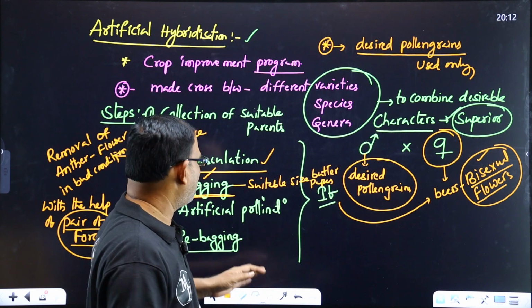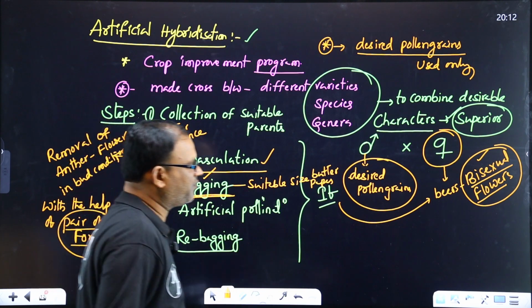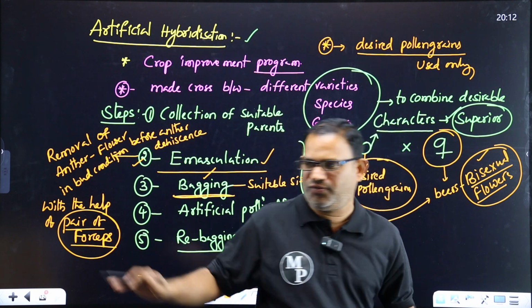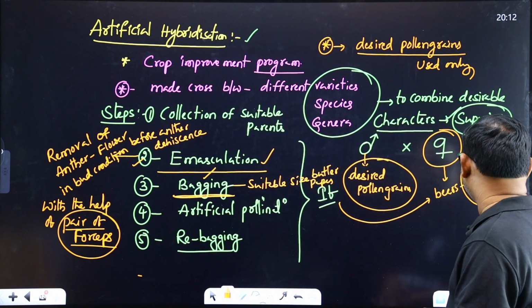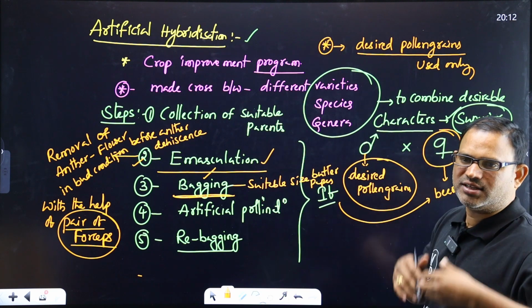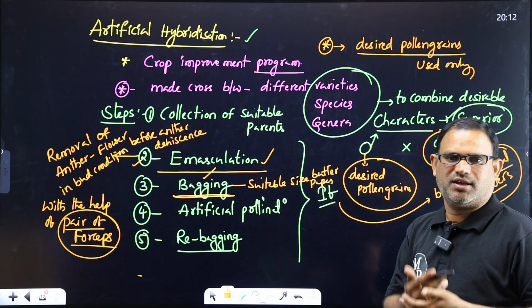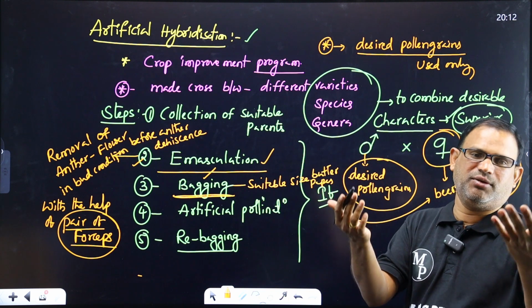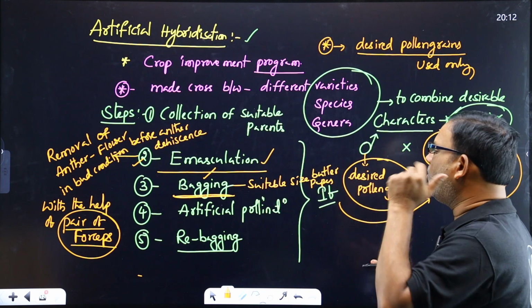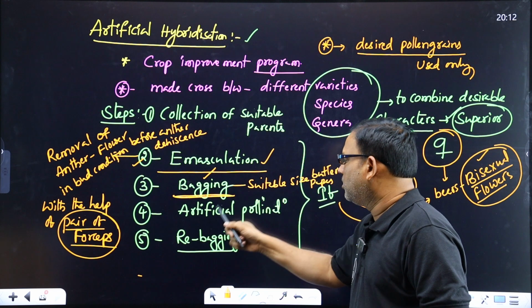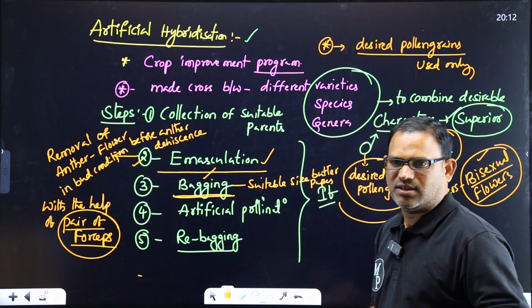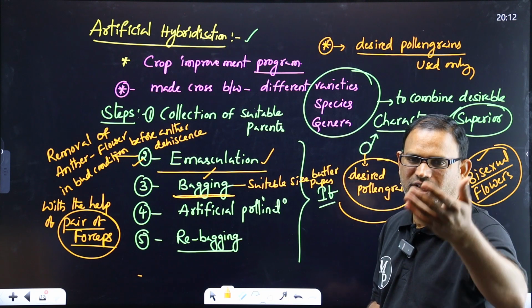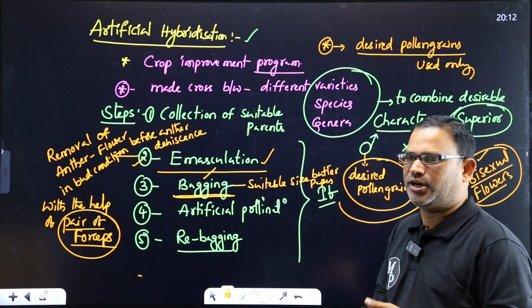Okay? So after that, the next step is artificial pollination. How is that done? Simple. When the stigma attains maturity, the flowers already bagged attain the maturity, meaning the stigma attains maturity.